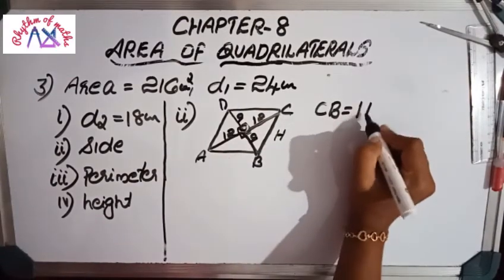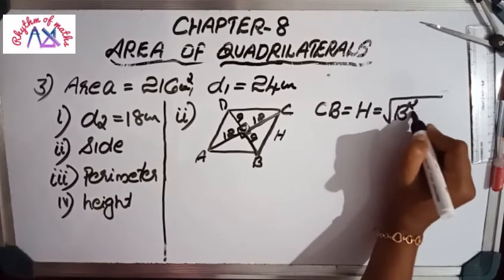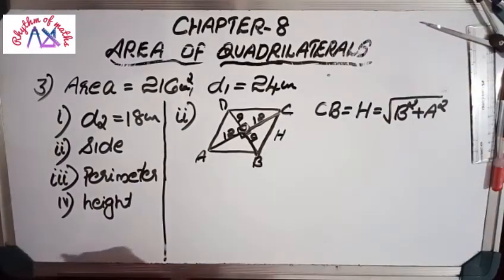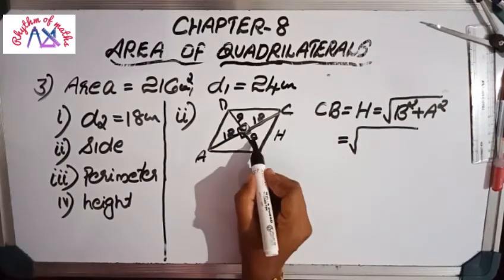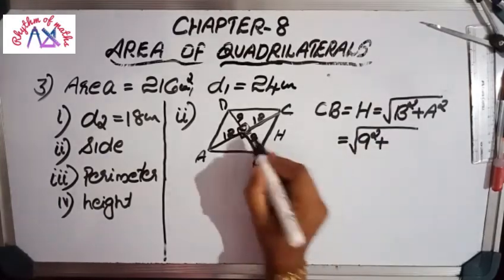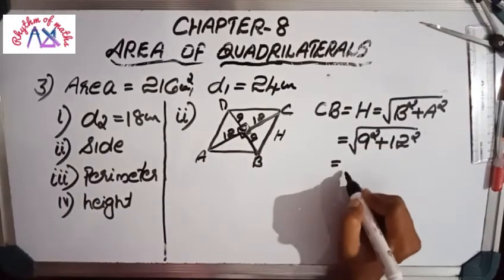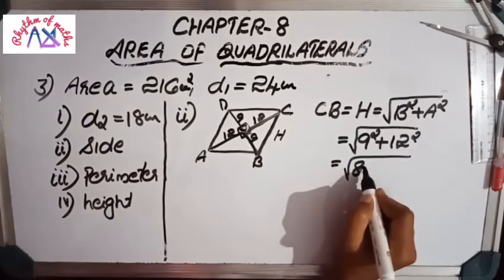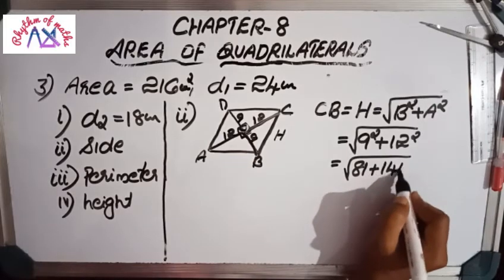According to the Pythagoras theorem, hypotenuse equals root of base square plus altitude square. Here base is 9 and altitude is 12. So 9 square is 81 plus 12 square is 144.